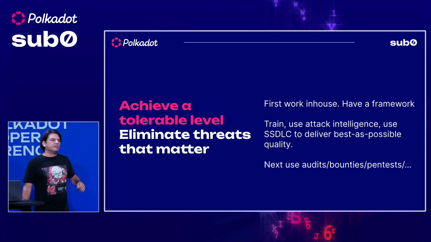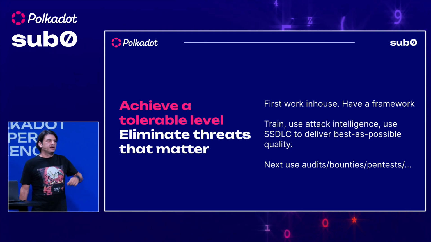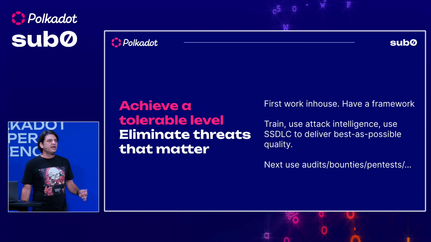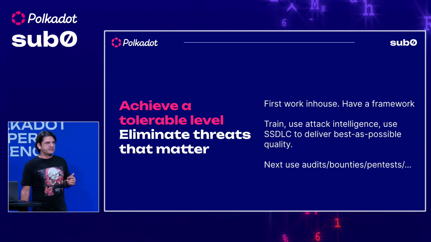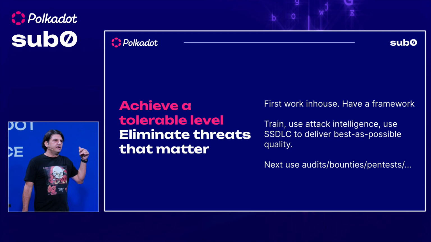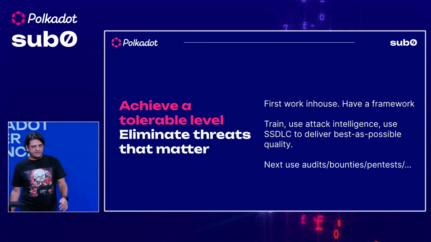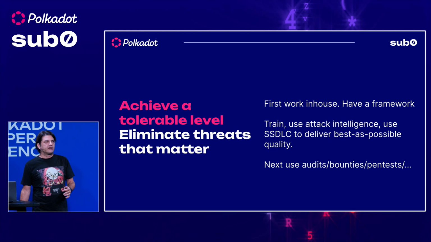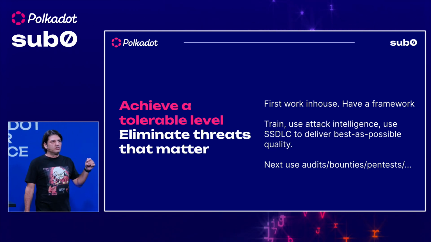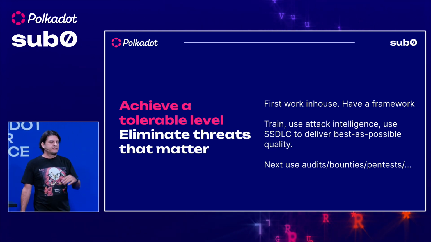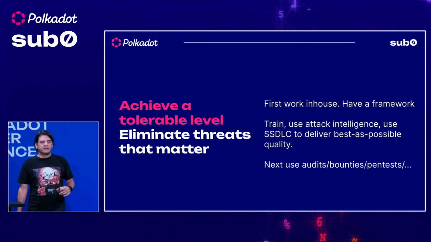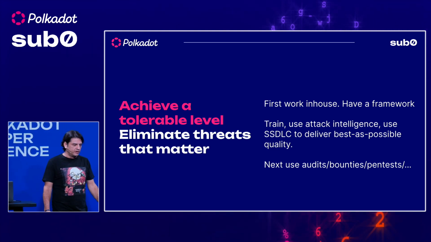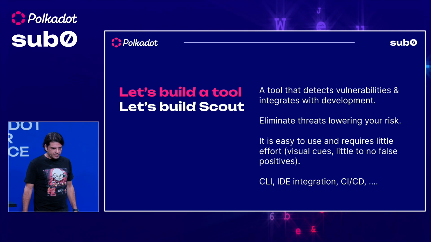And this will involve in-house training, attack intelligence, so knowing your attacker profile, understanding what are the specific threats that you might face, using a secure software development lifecycle, and eventually after the code is done, you can do audits, external audits, bounties, and other stuff that will also improve or remove threats from your attack surface.